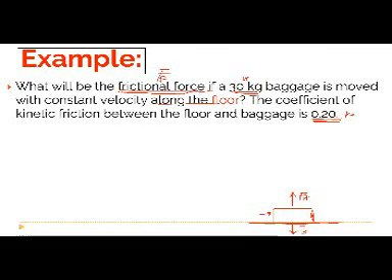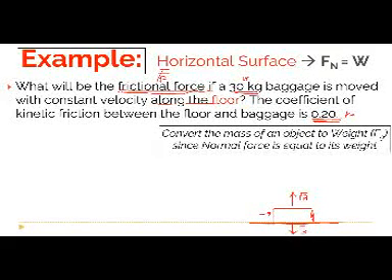Since our F sub N is directly opposite to our F sub G, we can say that F sub N is equal to our weight, and also equal to our F sub G. Then we will convert our mass to obtain our weight, since normal force is equal to its weight. To do that, we apply mass times gravity.